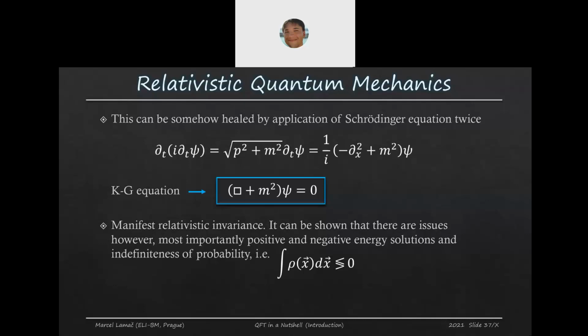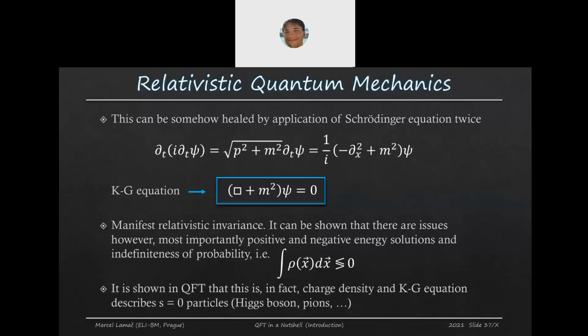This is related to the fact that this equation has positive and negative energy solutions, corresponding to the positive square root and the negative square root. So this is problematic, and this directly leads to the probability being lesser or greater than zero, so it's indefinite.